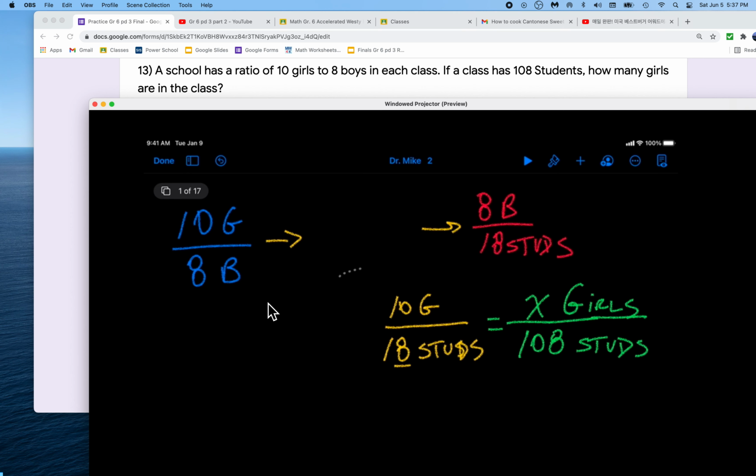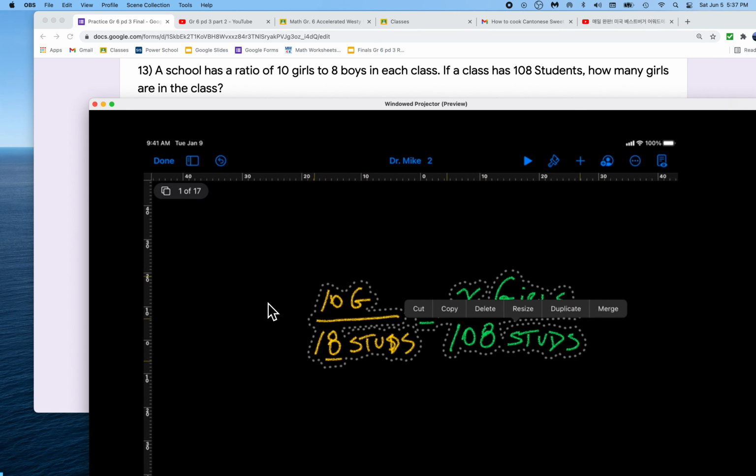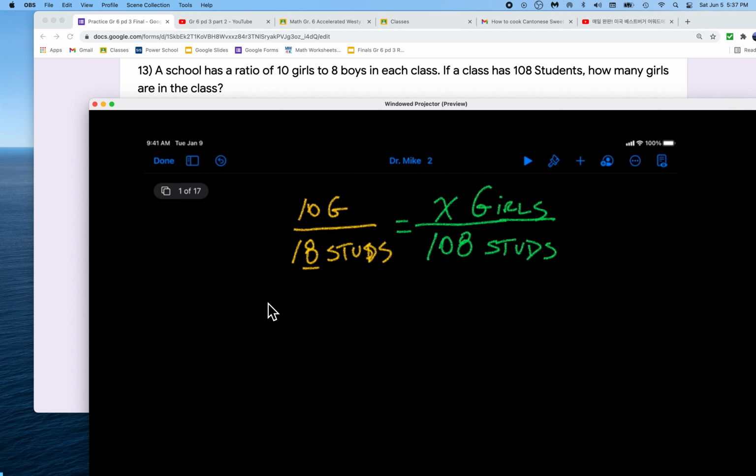How would I do this? I would say to myself, I have 2 fractions facing each other with an equal sign. Whenever you have 2 fractions facing each other with an equal sign, it's an invitation to cross multiply.